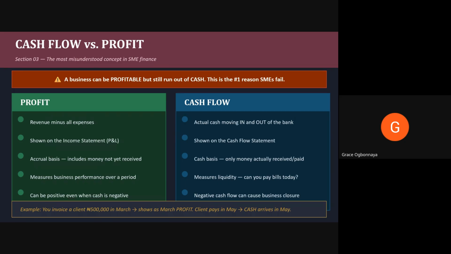The cash flow is in the month that he paid. But your profit and loss can carry that 500K as profit that you made. So on accrual basis, you render the service, but they've not paid for it. It's accumulating until they eventually pay. Despite that, it doesn't mean you will not record it. You still record it in the month the profit came in. But for a cash flow statement, you will not record it in that month because you have not received the money.